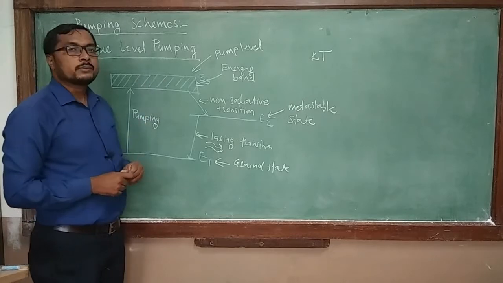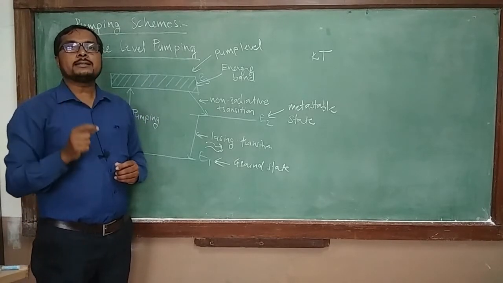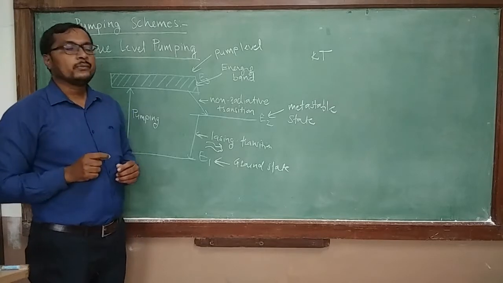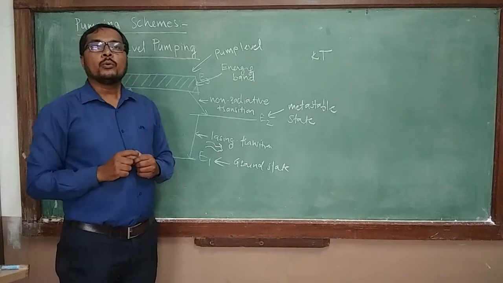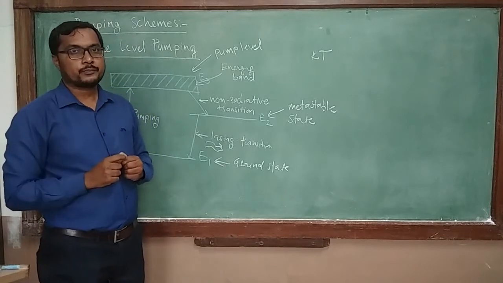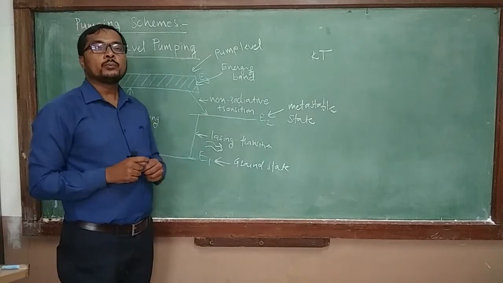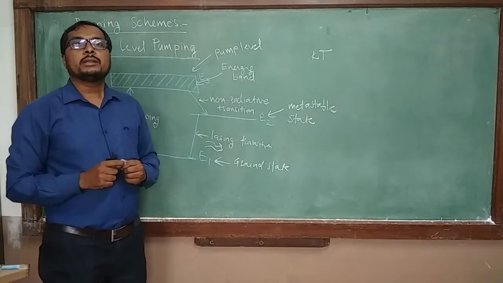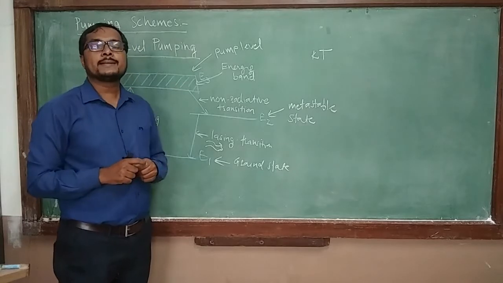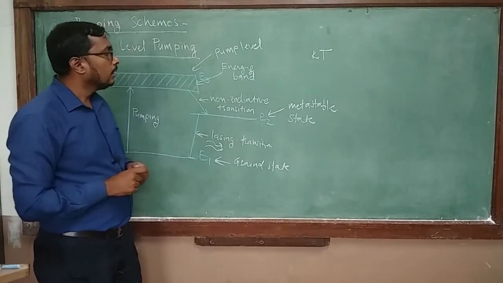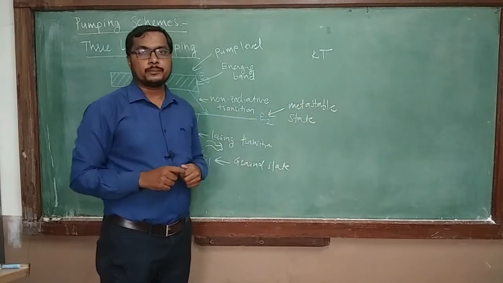The atoms from the excited state or the pumping level fall back to the level E2, which is a metastable state. The transition between E3 and E2 is non-radiative. The level E2 must be a metastable state.